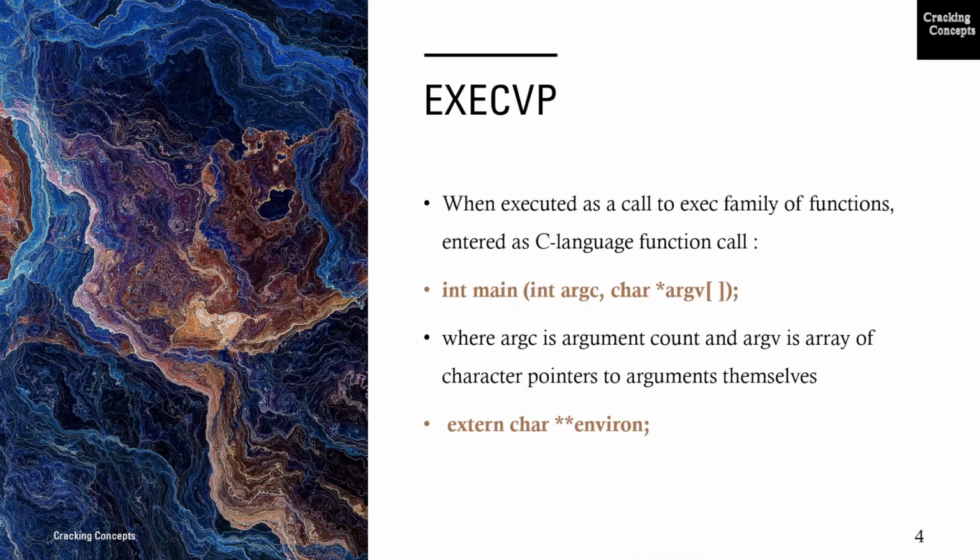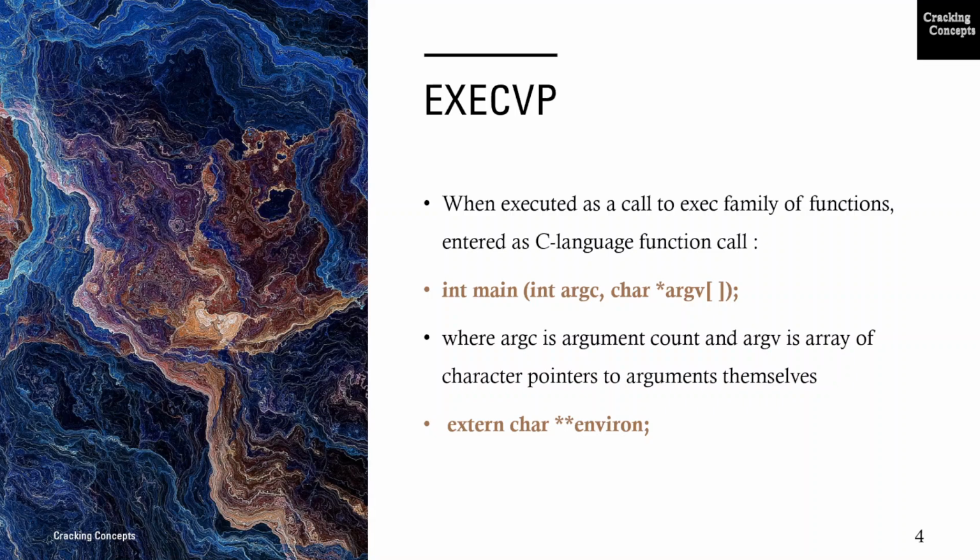When a C language program is executed as a result of a call to one of the exec family of functions, it shall be entered as a C language function call as follows, where argc is the argument count and argv is the array of character pointers to the arguments themselves.